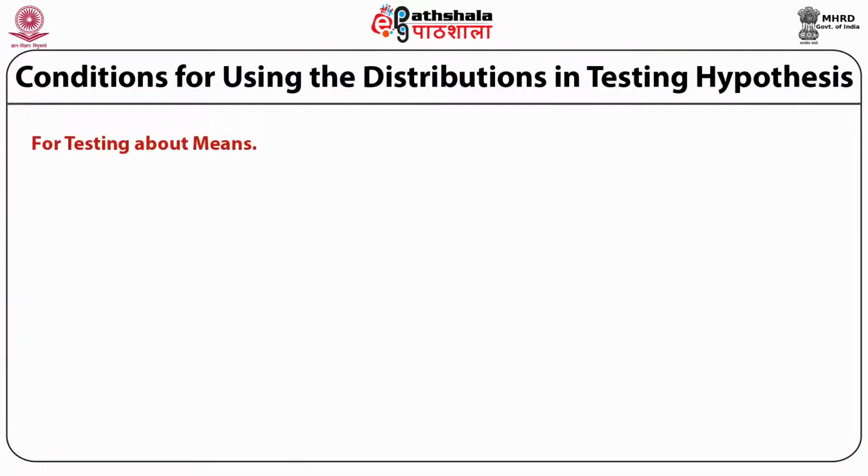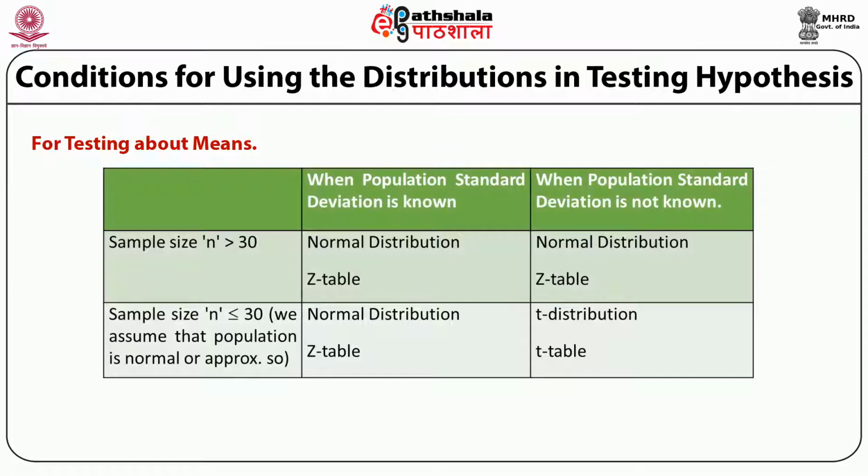Most of the time, students get into the problem of deciding which test has to be used in which situation. So for that, I have made this table, and from this table you can see that there are two conditions.